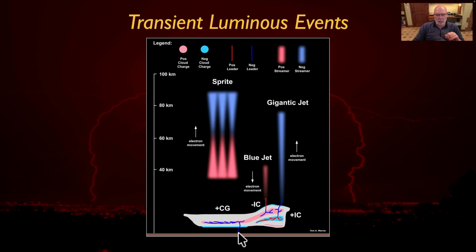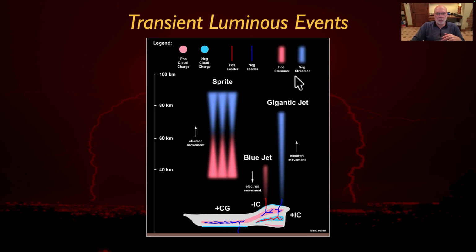And the primary driver for sprites is a positive CG flash in which there's a positive CG return stroke, extensive negative leader development in the positive charge region that follows that return stroke, or as a result of that return stroke, creating a very intense electric field change.